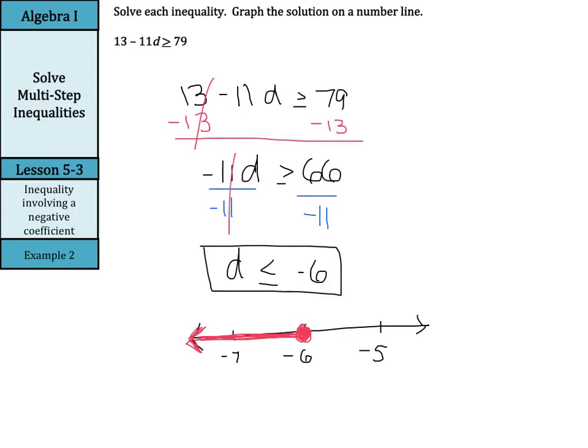Another way to check our solutions is to rewrite our original inequality. We're saying that negative 7 is true for this inequality, so it needs to be true for the original inequality as well. So you might as well substitute that in to check.